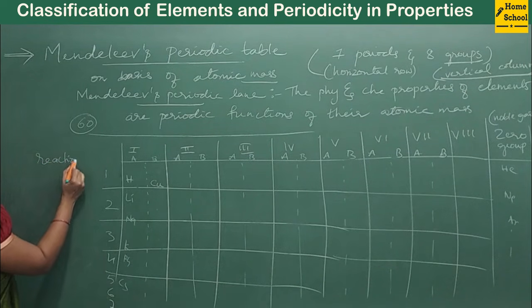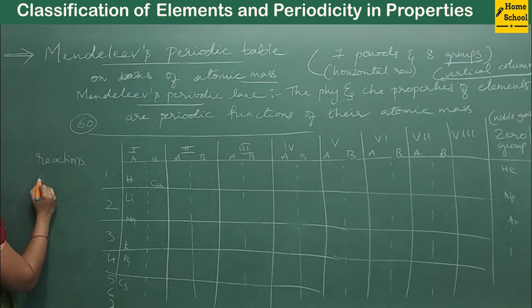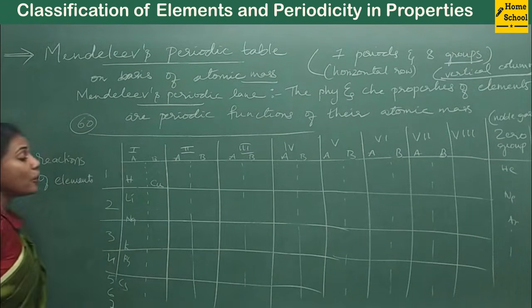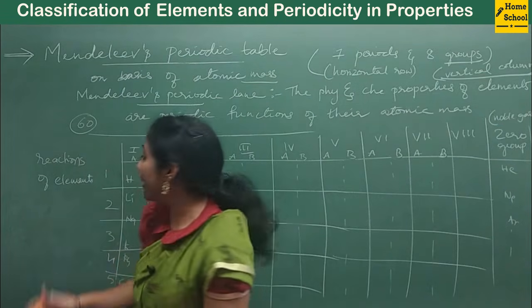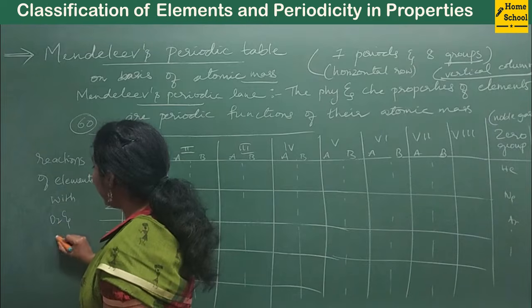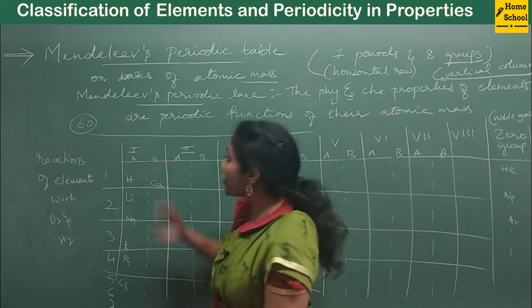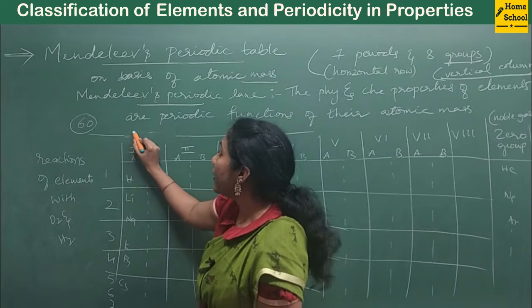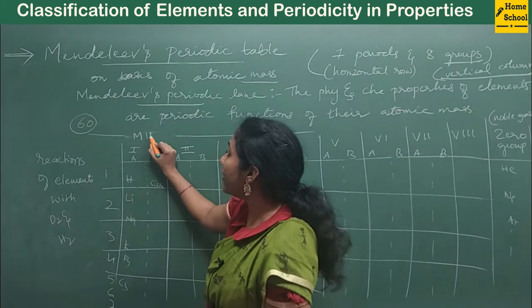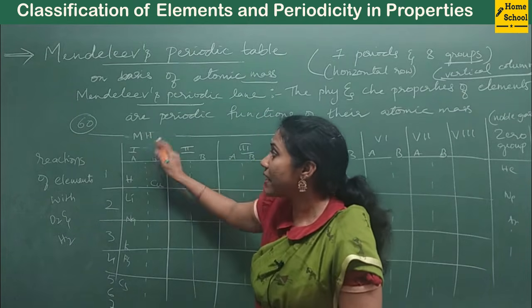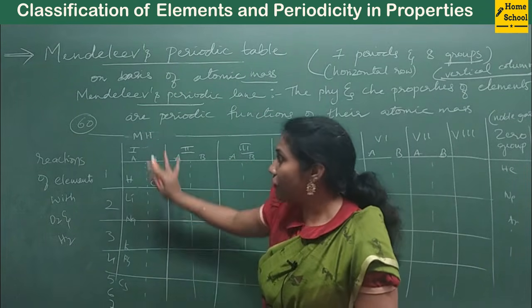So he conducted reactions of elements with oxygen and hydrogen. Whichever elements, on reacting with hydrogen, gave this particular formula for hydrides, all of them were placed in the first group.